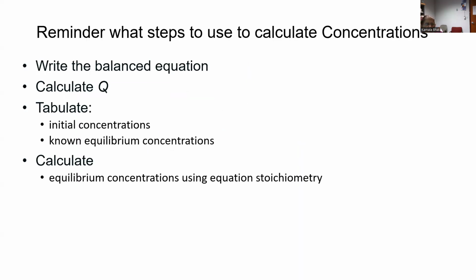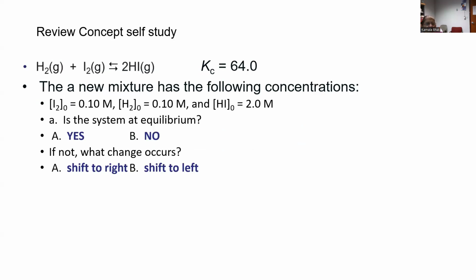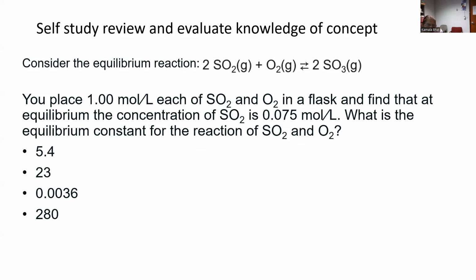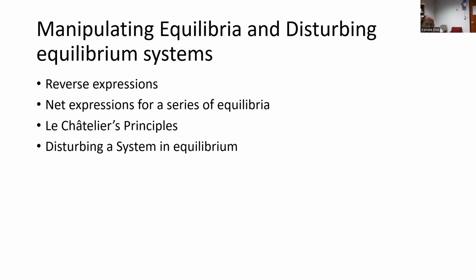It is very important to recollect what steps have to be used, and it is repeated in the slide again and again, how you do it, so that you don't forget it. And then again, go to the self-study questions.